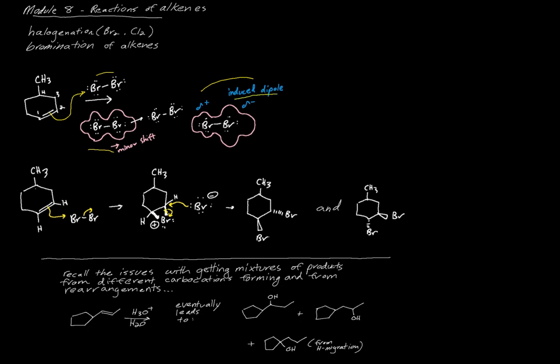And then once that induced dipole forms, it can go ahead and induce dipoles in more bromine molecules around it. So in a way, you could look at the electron arrow pushing down here as delta plus, delta minus, driven by inductive effects.